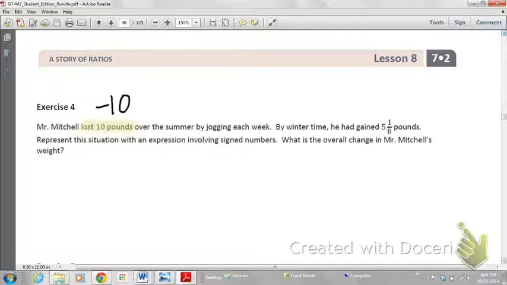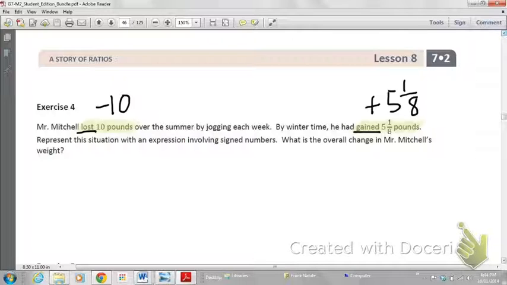It's a -10. I'm going to apply that. By wintertime, he had gained 5 1/8 pounds. Okay, so here we're looking at plus 5 1/8 because that's what the word gain implies. Gain implies positive, and again, lost implies negative.